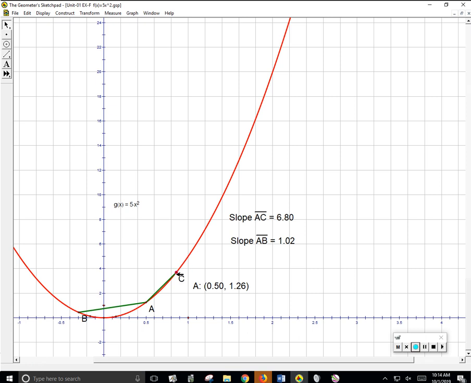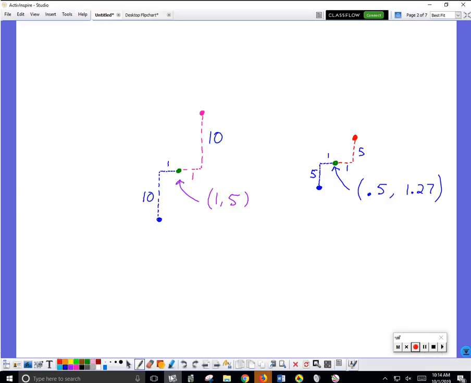And now if I make the 2 secants infinitesimally short, or as short as the computer will allow, it appears that the slope at the point, the tangent slope, is going to be 5. And it is.